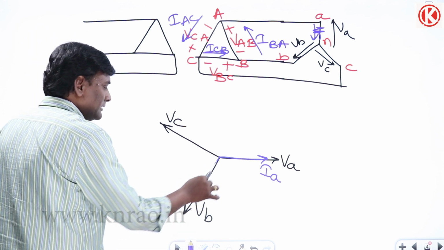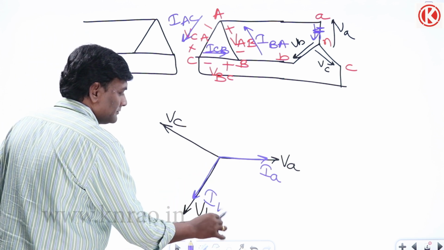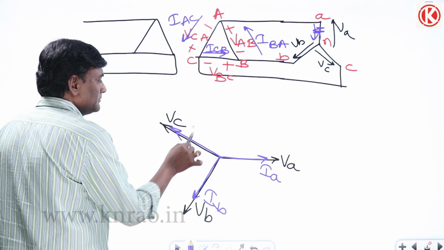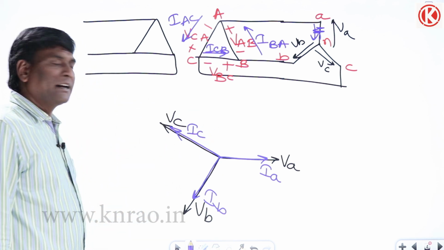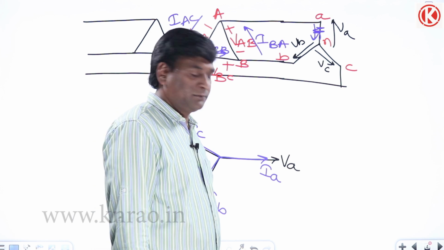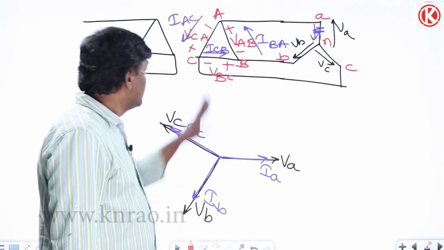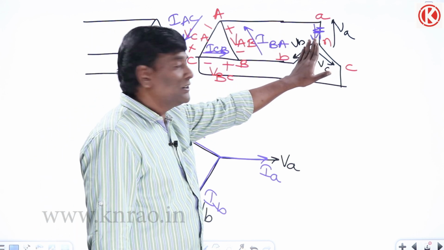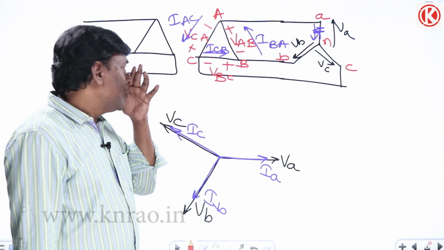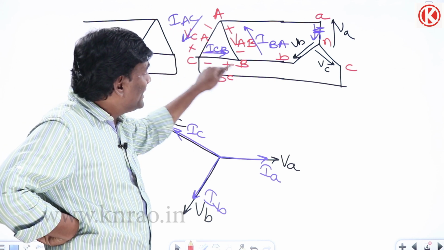And here this current is IB, and here this current is IC, or IAN, IBN, ICN. Now from the load side I have taken the reference. Let us come to the source side. Now what is VAB? VA minus VB.